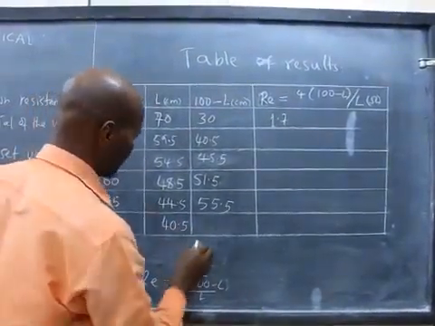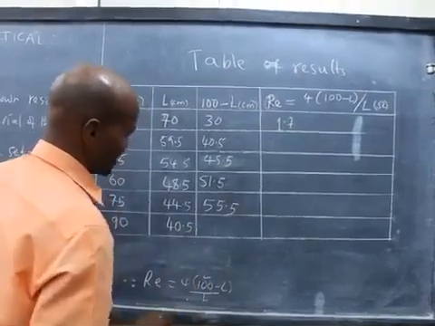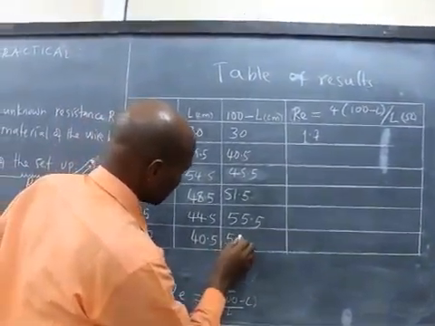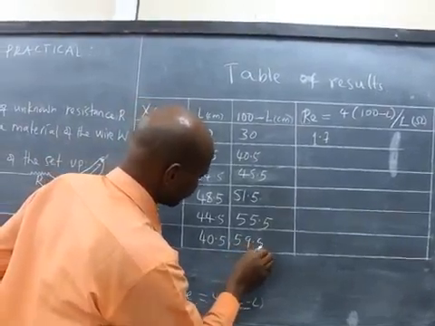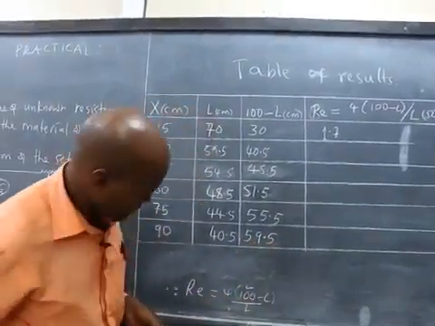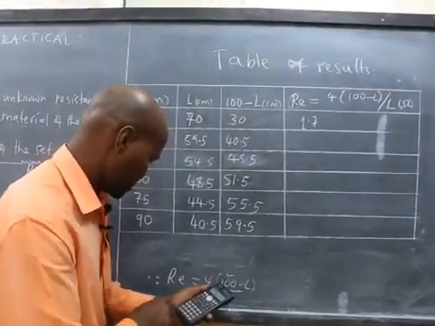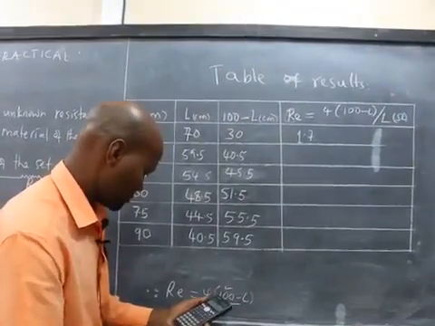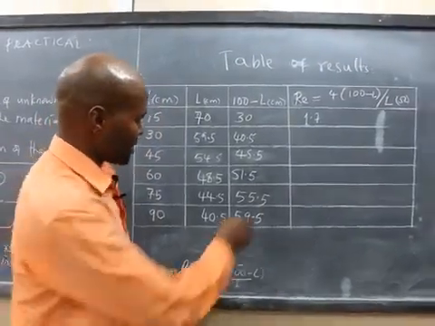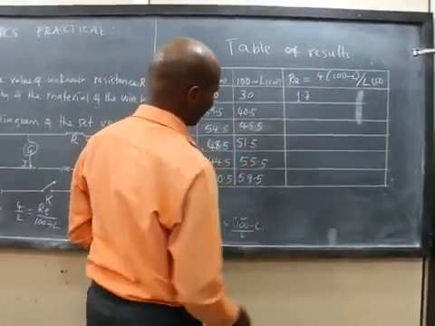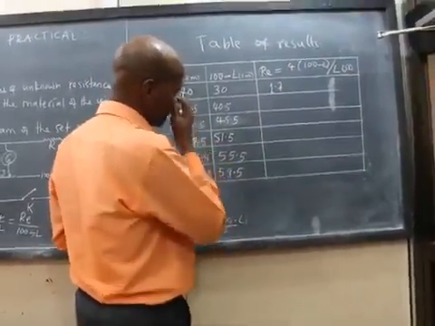So this one is now 100 minus 40.5. Is it 59.5? Let me confirm. 100 minus 40.5, yes, correct. So let's now fill this part here, equivalent resistor.